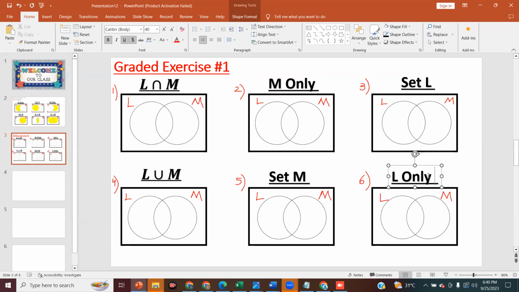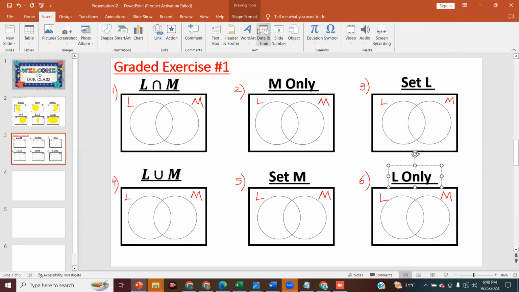All right. Okay, this is the work to do. Please shade in the diagram. Maybe I should have put that as the instructions. I should put that as the instructions. Shade in the appropriate areas. All right.